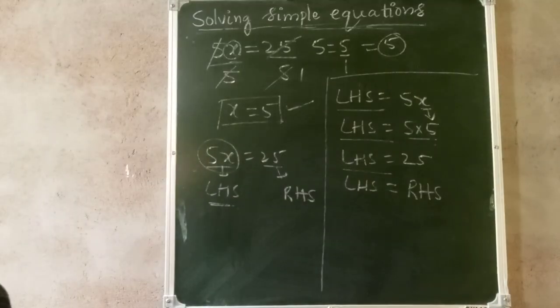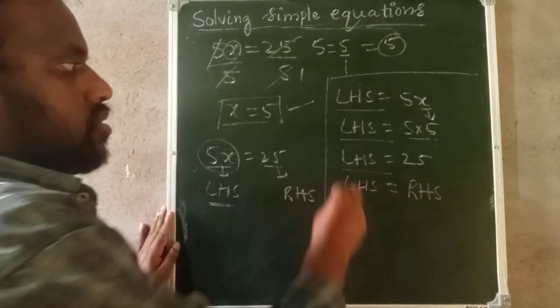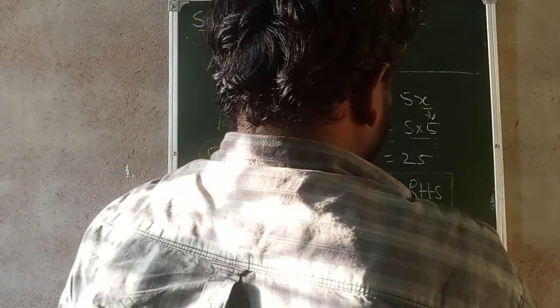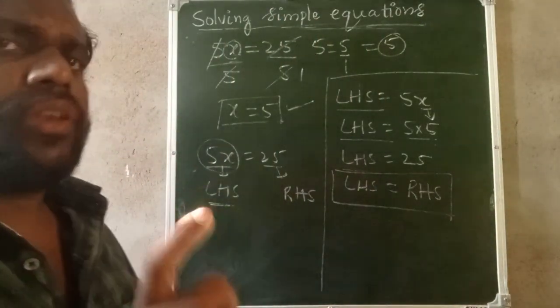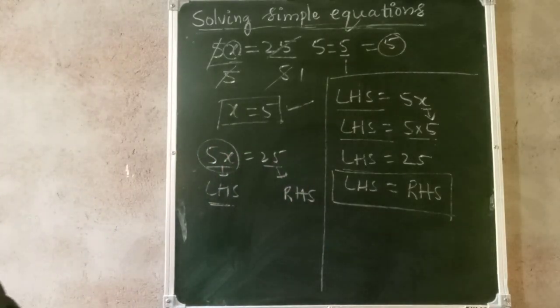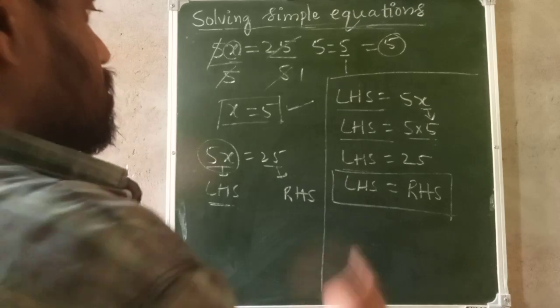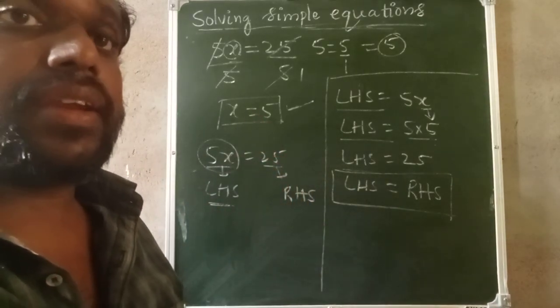Okay. Now see, we got LHS is equal to RHS. Now when LHS is equal to RHS, that means this answer is correct. X is equal to 5 is the correct answer.